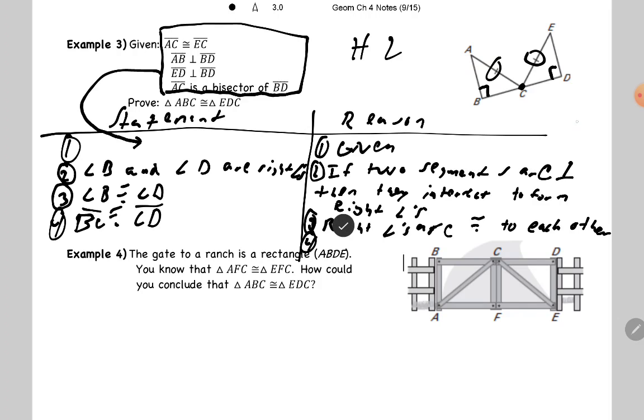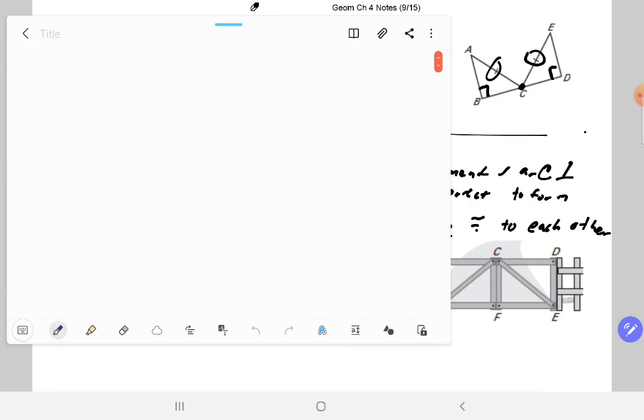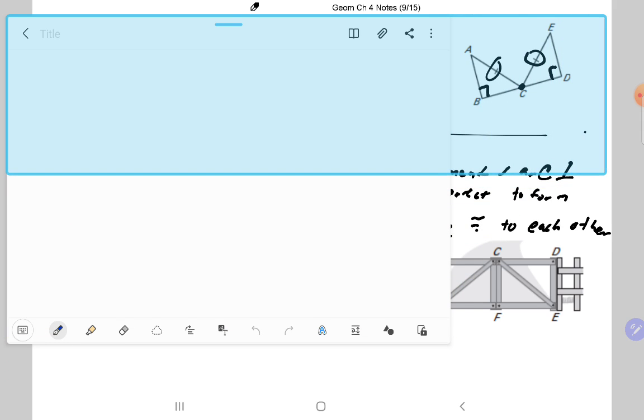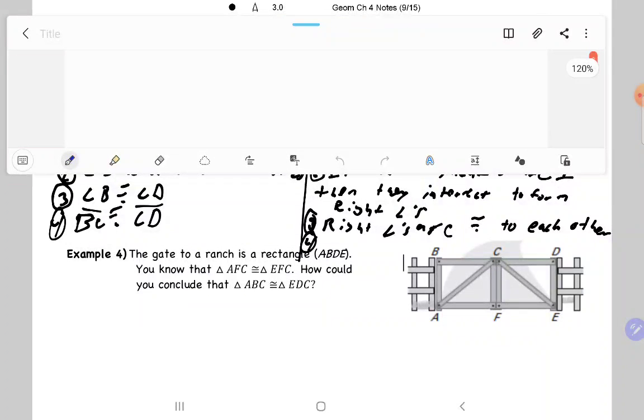Okay, so BC is congruent to CD because of the definition of a bisector.